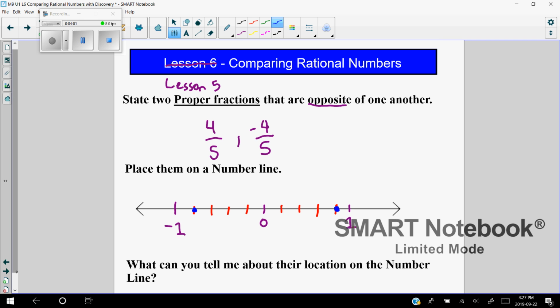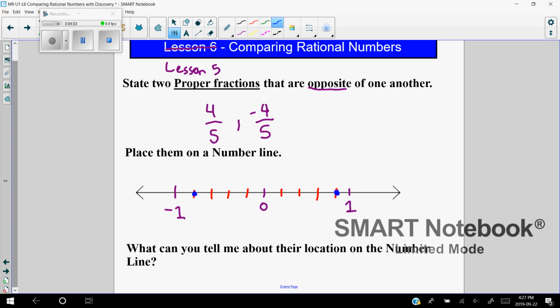So what can you tell me about their location on the number line? They are equal distances from 0.